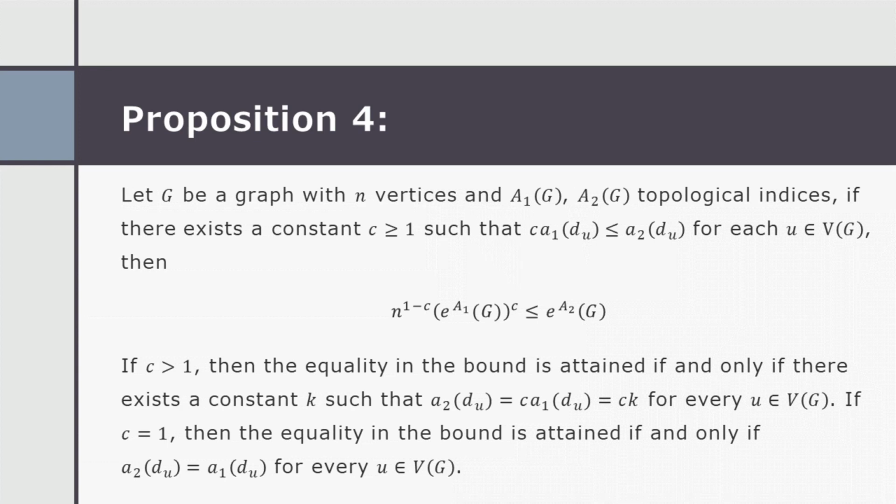In the case that c is greater than 1, the equality in the bound is attained if, and only if, there exists a constant k such that a2 equals c times a1 equals c times k for every vertex of G. In the case that c is equal to 1, then the equality in the bound is attained if, and only if, a2 equals a1 for every vertex of G.